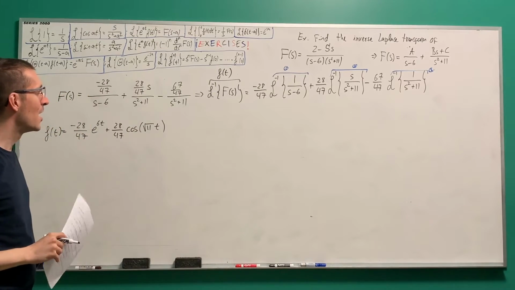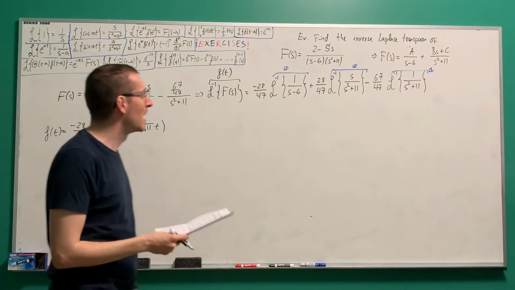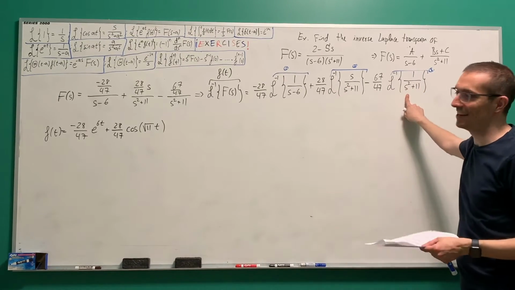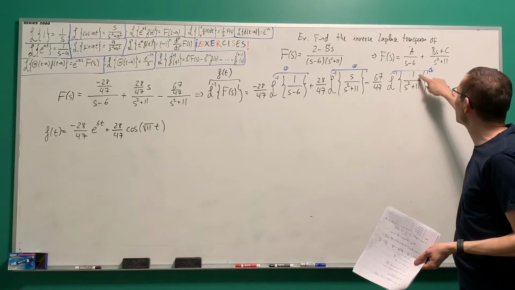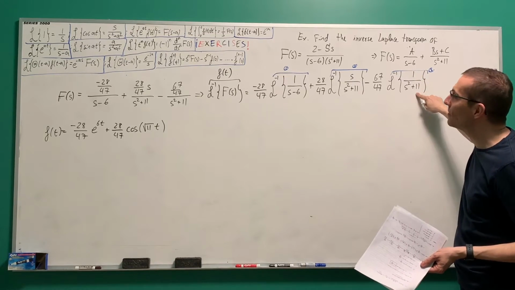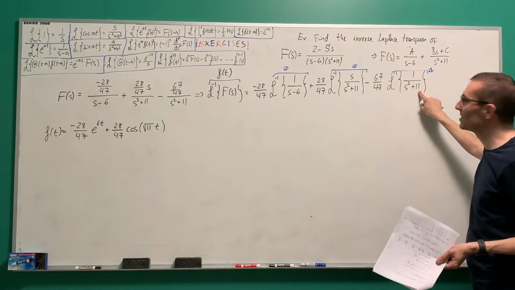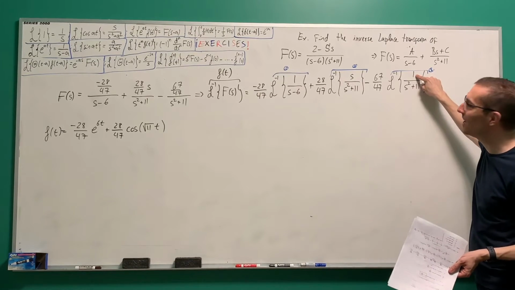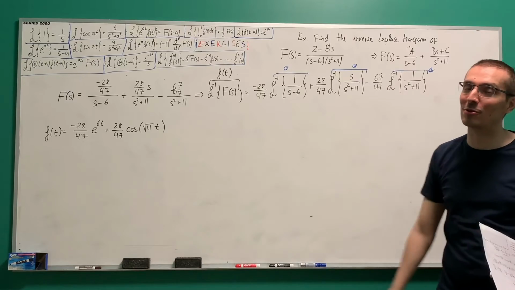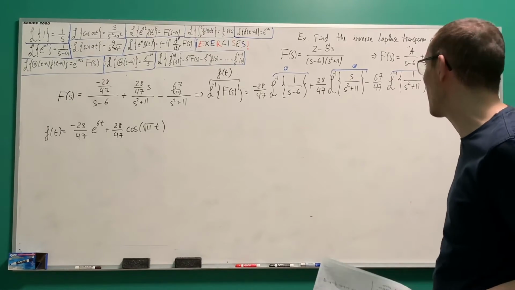All right, now the last one. The last one almost looks like a sine. But to be a sine, I should have a square root of 11, because if this is a squared, this should be a. So if this is 11, this should be square root of 11. I need a square root of 11 in the numerator, and I don't have it.